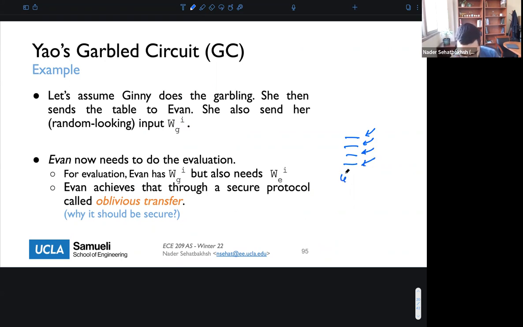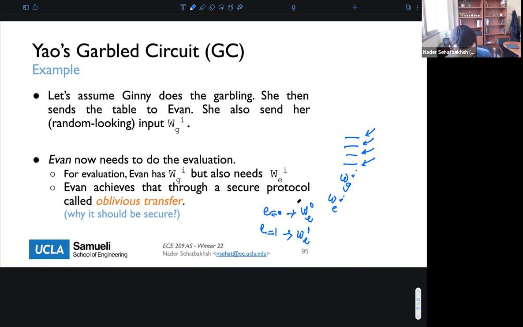And also Evan has access to the garbler's inputs. What Evan does not have is the label for his own values, because the labels, remember, were created by the garbler, so Evan does not know which label is which, right? So if his input is equal to 0, he needs to get WE0. If his input is equal to 1, he needs to get WE1, right?